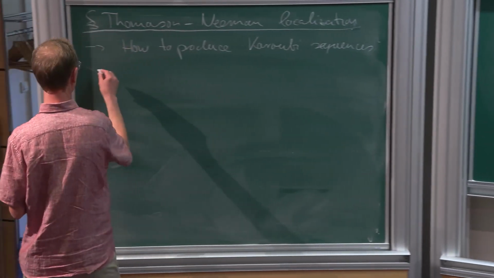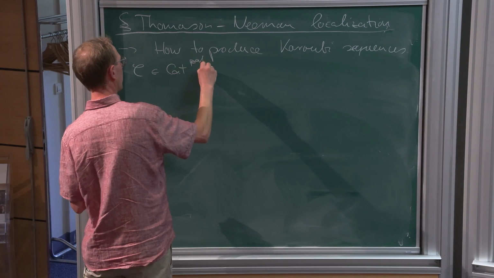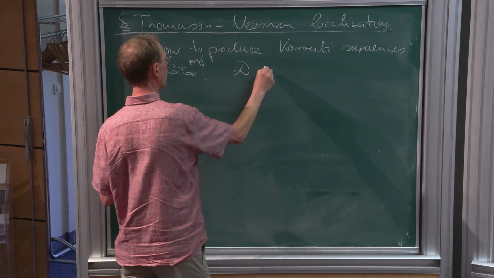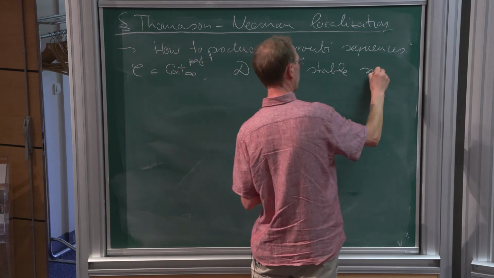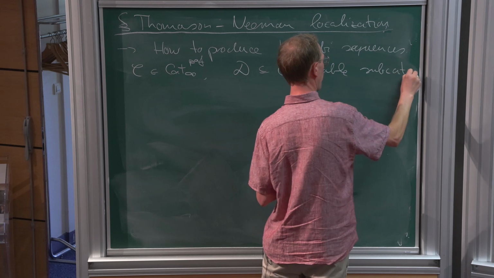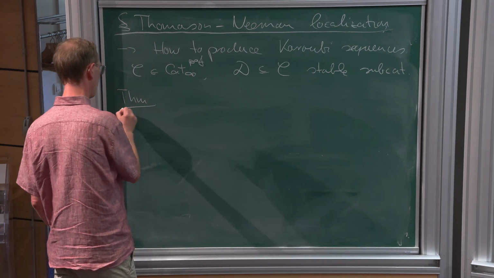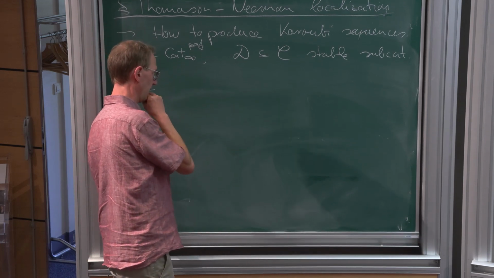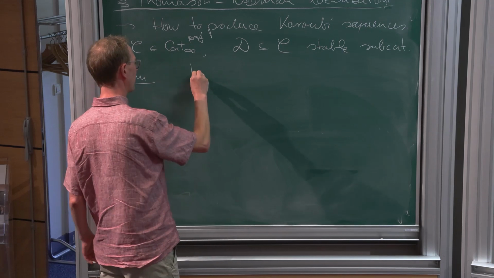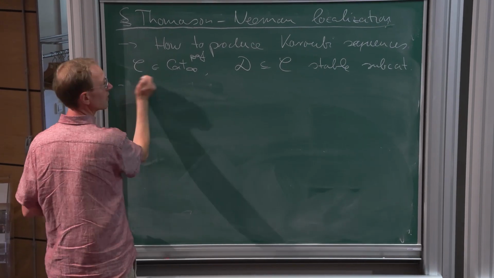So the setting is as before. C is, let's say, small, and D is a stable subcategory. So let me introduce a bit more notation.